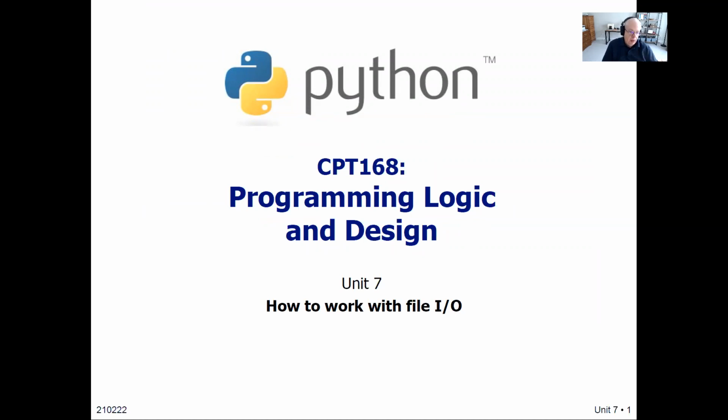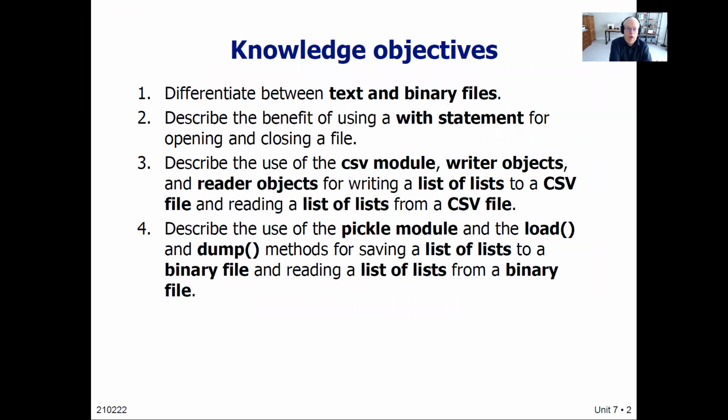Don't hear anybody. So Unit 7 is on how to work with file input and output. We're going to learn that all of our files that we are going to use for data collection, for data storage, are either going to be text files or binary files. Now, within each of those 2 types of files, there are going to be different formats of files.